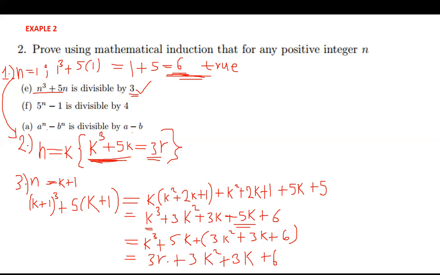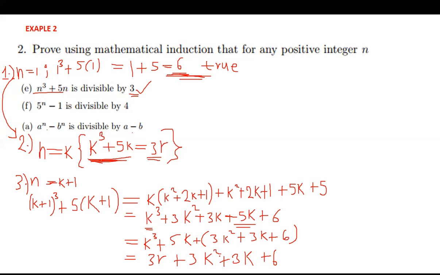So if you look at all these terms that we have found, this is 6, this is 3, this is 3, this is 3. When you look at them, aren't they divisible by 3? Check the first term there. The first term is 3r. 3r divided by 3 is r.